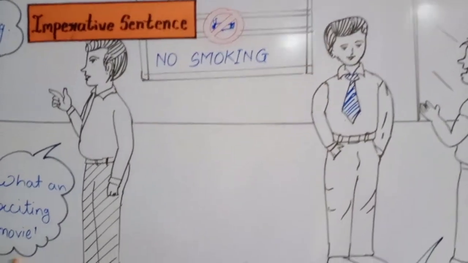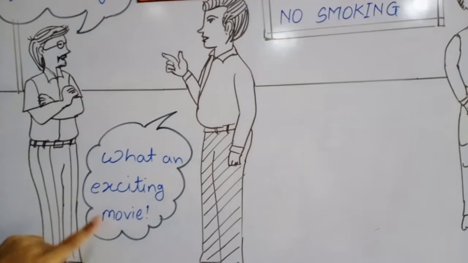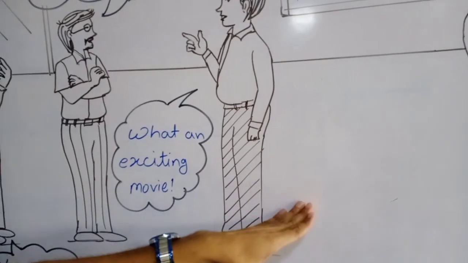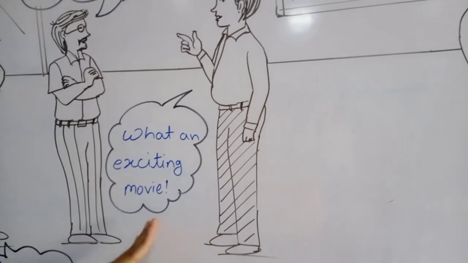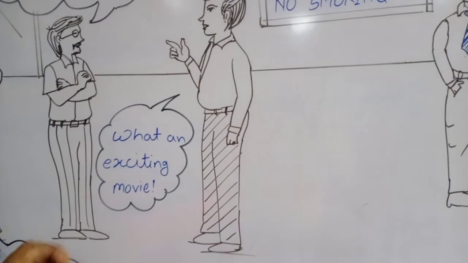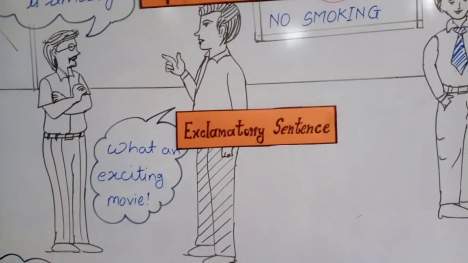Now here you can see this person is saying, what an exciting movie. Means he is expressing his emotion regarding the movie. That is an exclamatory sentence. So we can say this is an exclamatory sentence.